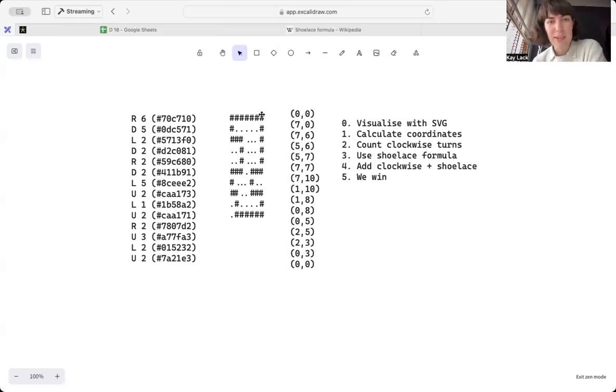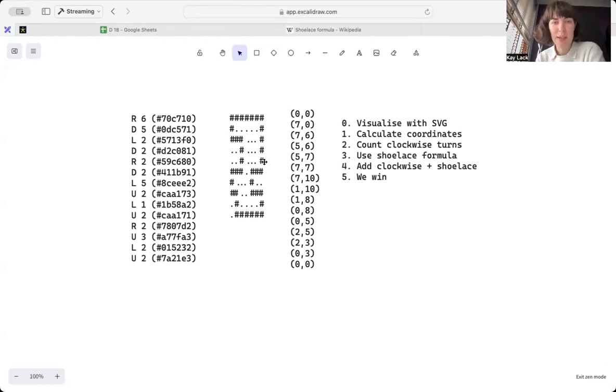Now, what this means is, assuming that our loop sort of goes like this rather than like this, then we need to count the clockwise turns. That's the turns where it goes from left to down, down to right, right to up, or no, right. Let's look at it here.